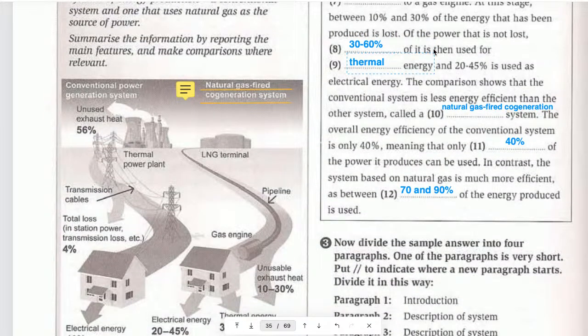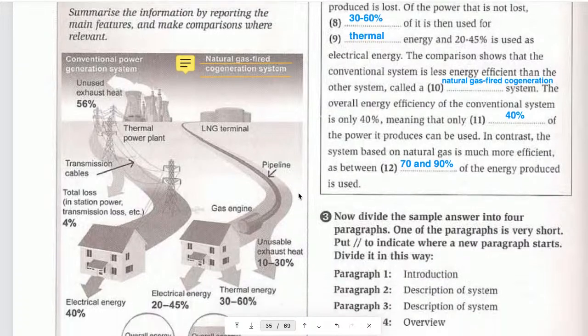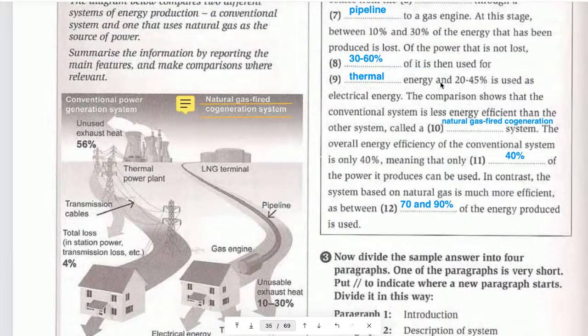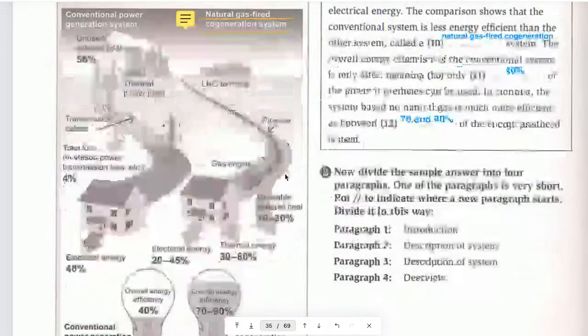Next. Okay, Như, you can go next as well. Of the power that is not lost, 30 to 60% of it is then used for thermal energy, and 20 to 45% is used as electrical energy.